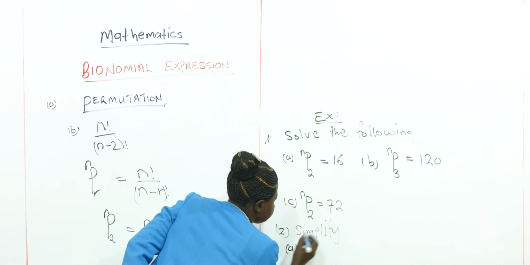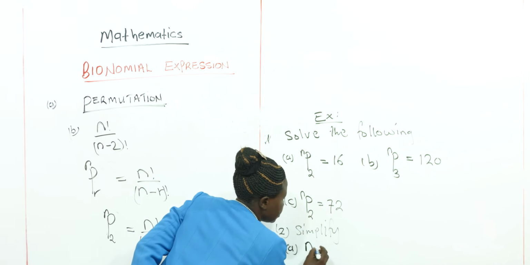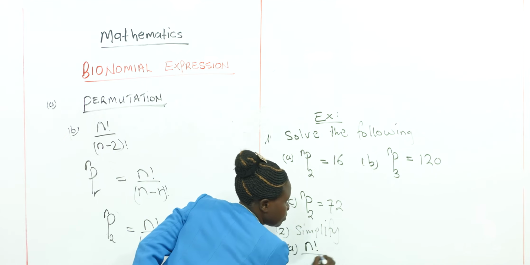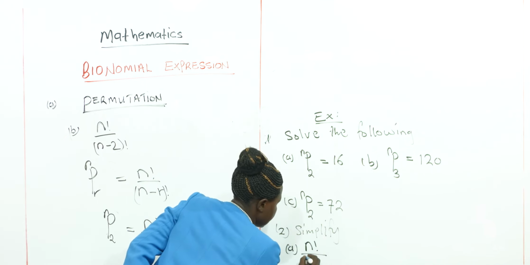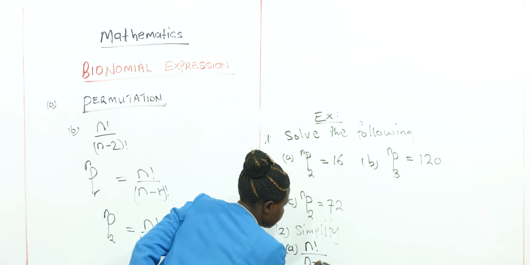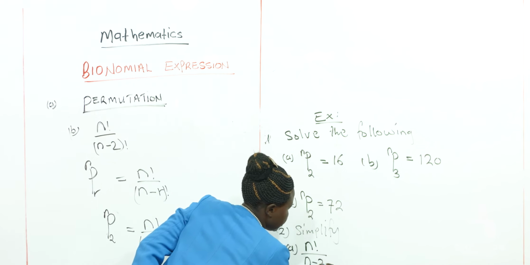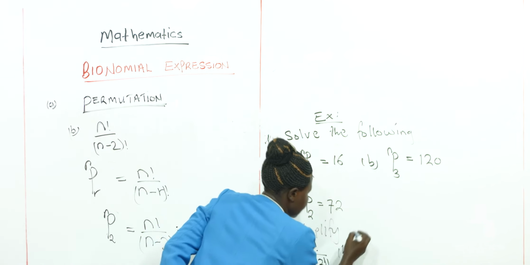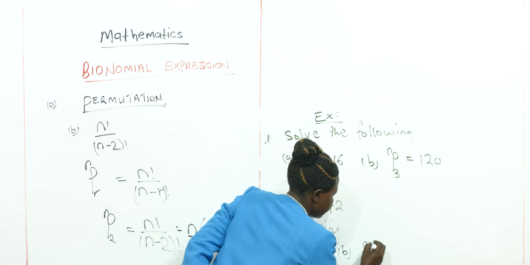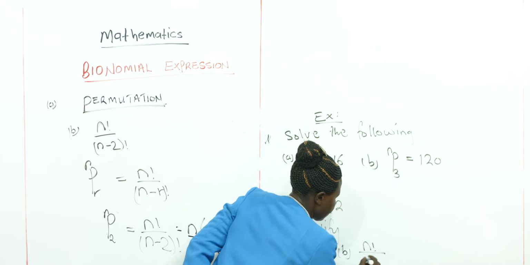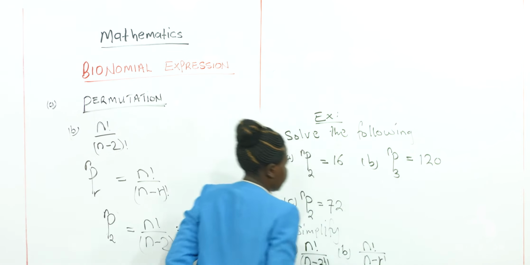A, n factorial over n minus 3 factorial. And then B, we have n factorial over n minus r factorial.